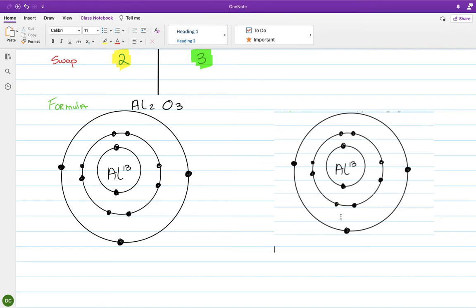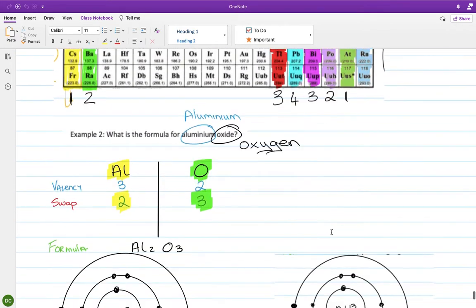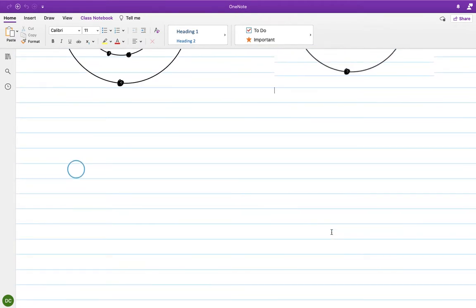Okay, so there's my 2 aluminiums. And then apparently I need 3 oxygens. And we're just going to see if this works out. So my oxygens, I'll do them in blue. I've looked at oxygen with 10 times. Is it 8? Yeah. So oxygen has 8. So we do our circle.